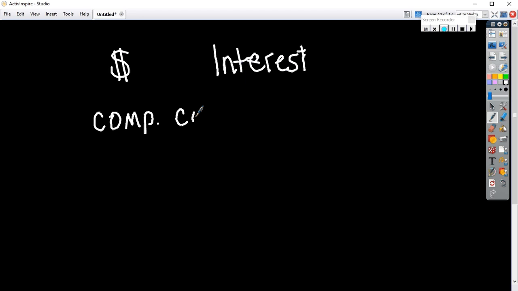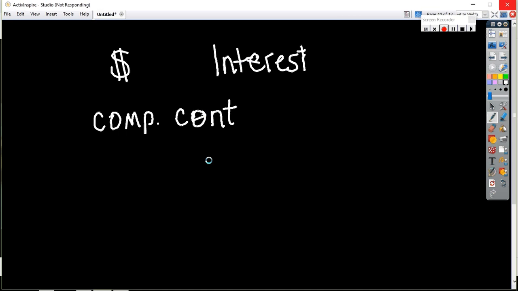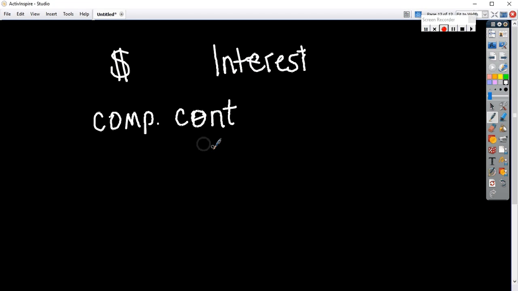Okay. So when you talk about interest, it could be compounded continuously or compounded a certain number of times per year. If it's a certain number of times per year, let's say they told you you deposit $500 in your account, interest is compounded quarterly, how much do you have at a 2.7% interest rate? That would be the bottom formula, okay?